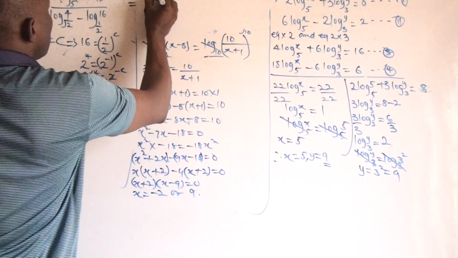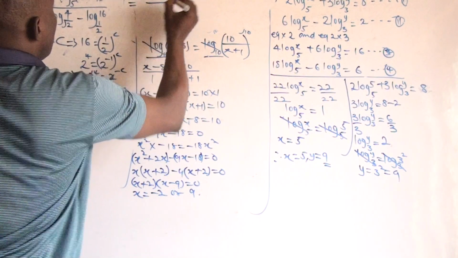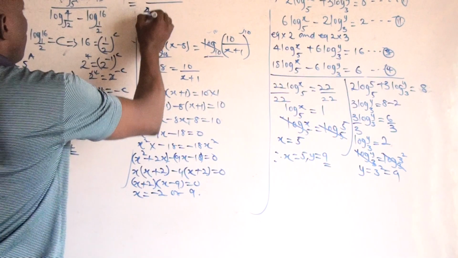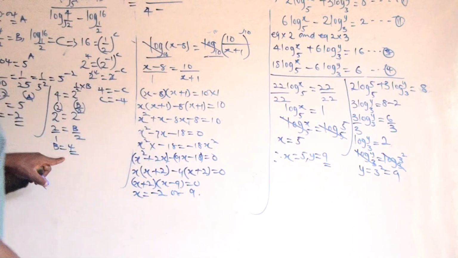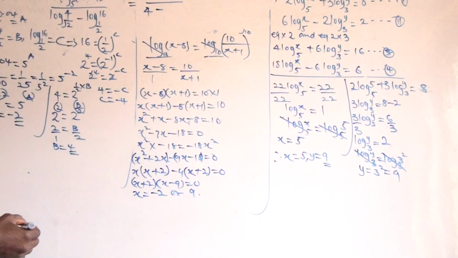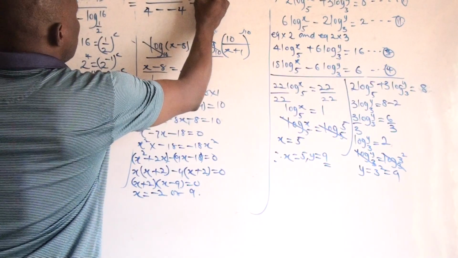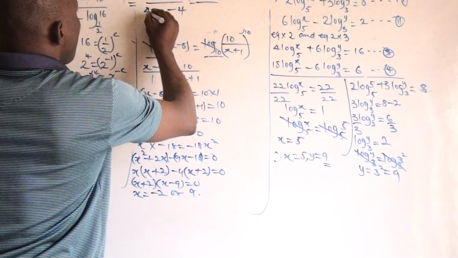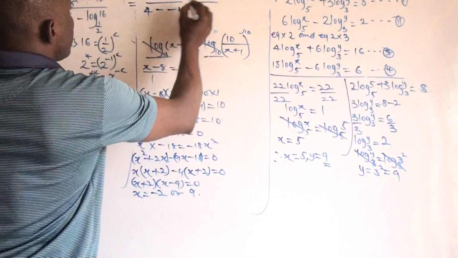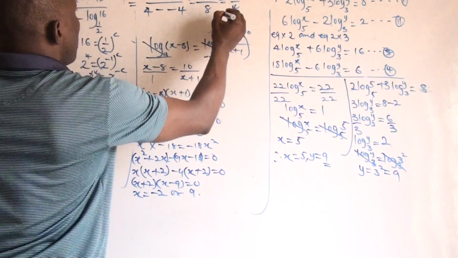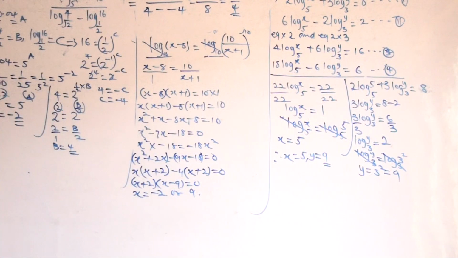Our b is 4, and our c is minus 4. So here we have 2 minus 2 all over 4 minus 4. That will give us 8, and our answer will become minus 1 over 4. Okay, so that is the answer for that question.